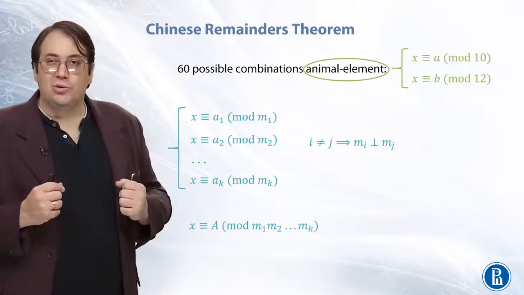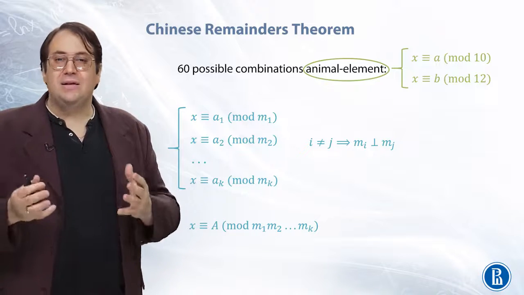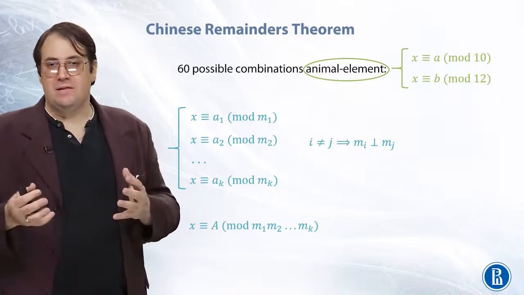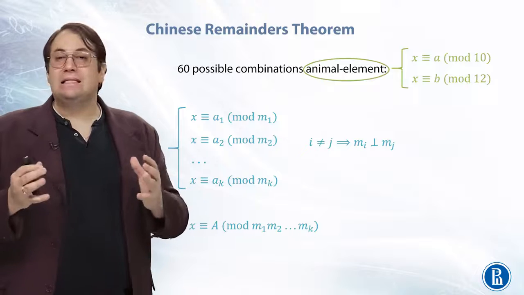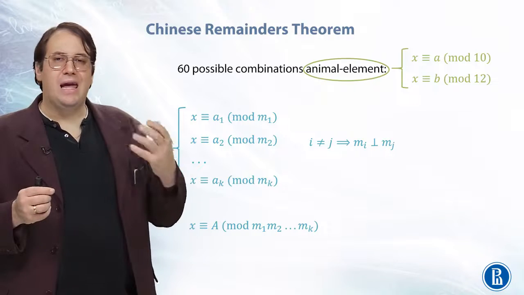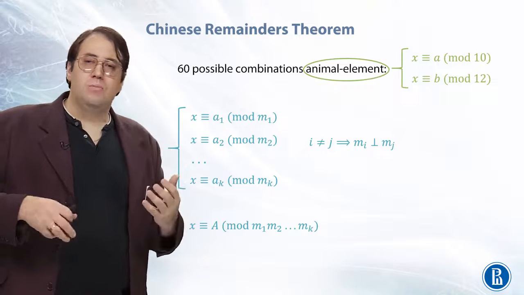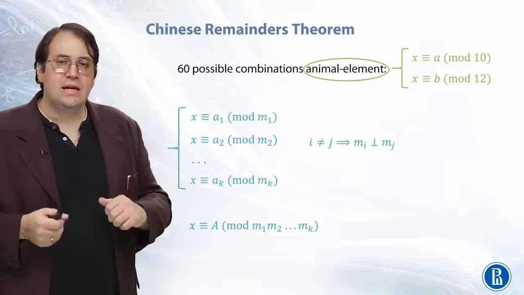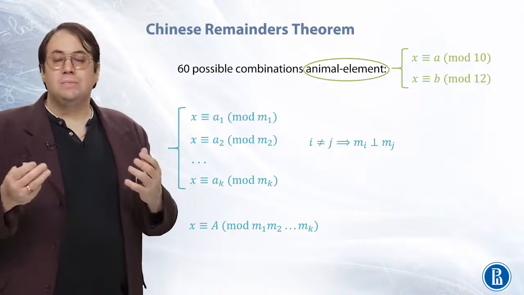And this brings us to the Chinese remainder theorem. The Chinese remainder theorem is stated in the central and lower part of the slide. Given a system of congruences, x congruent to a1 modulo m1, x congruent to a2 modulo m2, and so on, a finite system of congruences where these moduli are pairwise mutually prime.